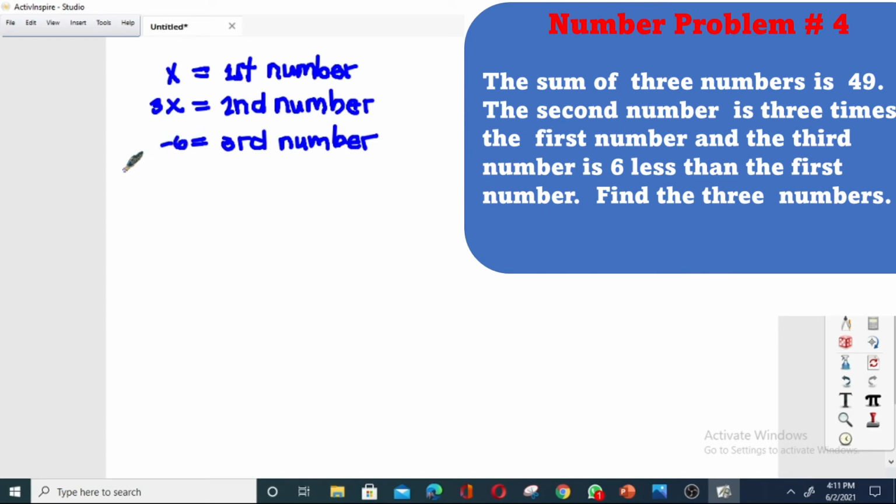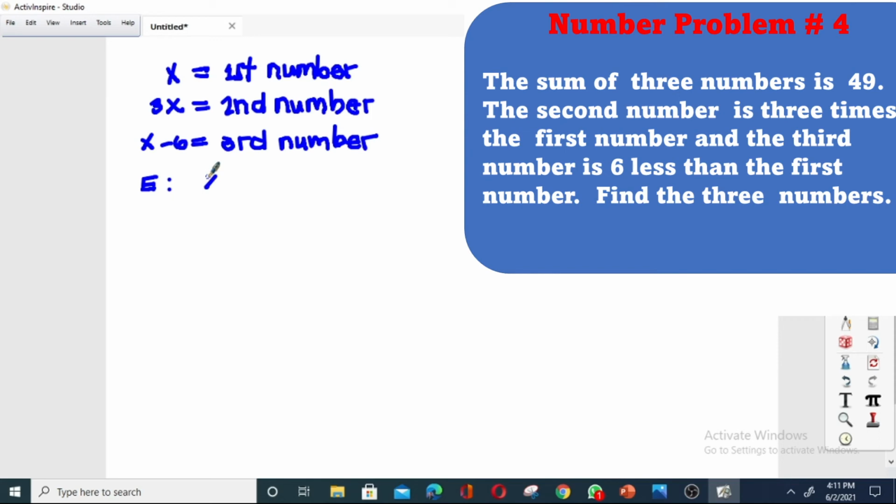Six less than the first number. So that's it. Then let us formulate the equation. From the given equation, the sum of the three numbers is 49. On the first sentence, the sum of the three.